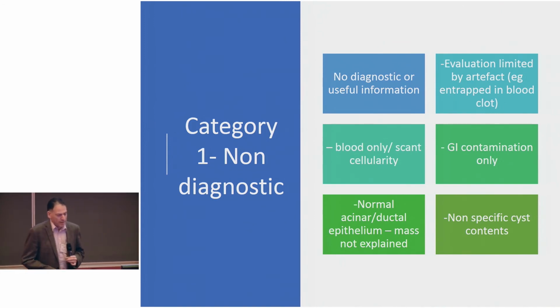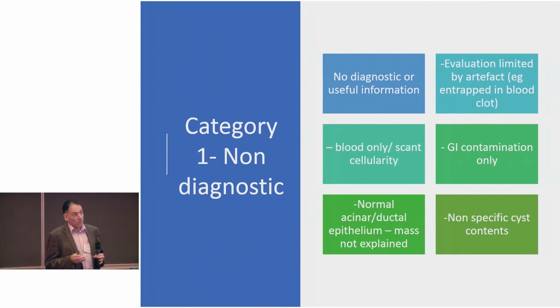So just looking at the categories, the non-diagnostic category may be non-diagnostic for a variety of reasons. You may get no cells at all. You may only get blood. You may get a lot of artifact present where your blood is obscuring the cells, and that would be particularly when using smears. You may get material which has been picked up along the way from the stomach or the duodenum, and you may not even be sure, particularly if it's a cystic lesion, whether it's come from the cyst or whether it's come from the lumen of the gut.